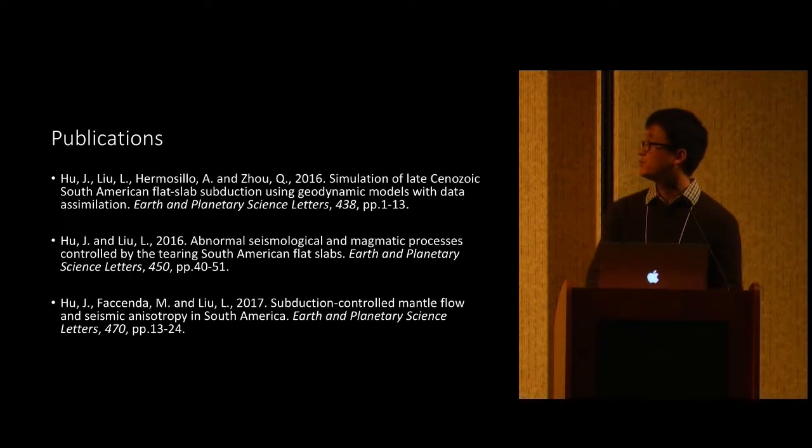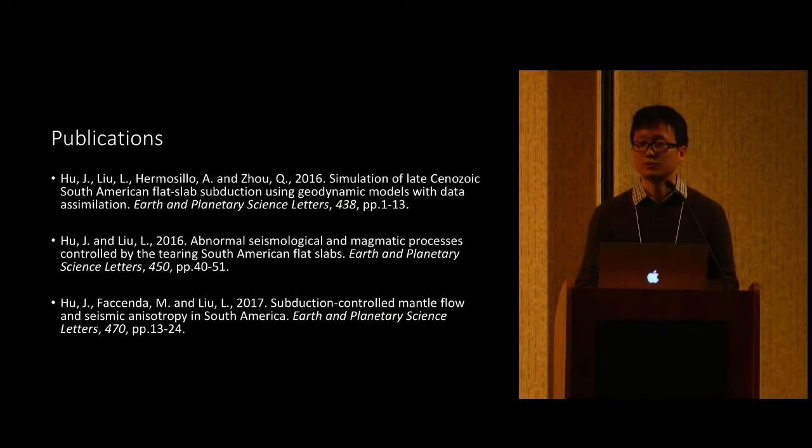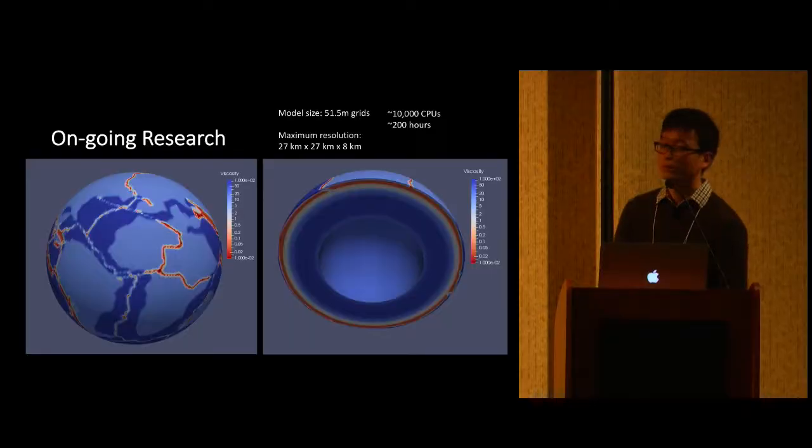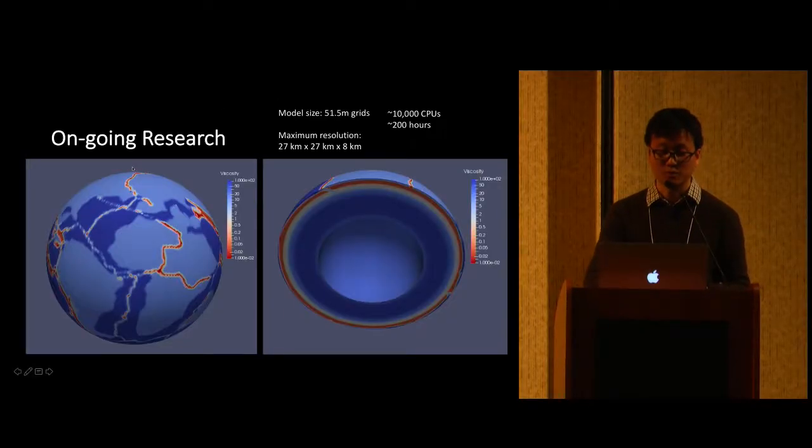So we got several publications out of this project, and here's our ongoing research. We try to model the whole Earth. This is a viscosity structure. The most difficult part will be solving the equations along the plate boundaries, like as shown here in the red regions.